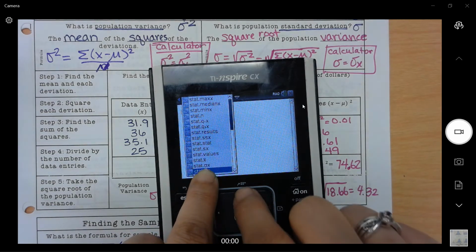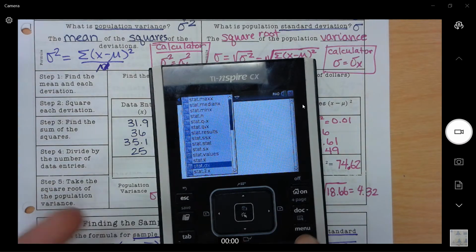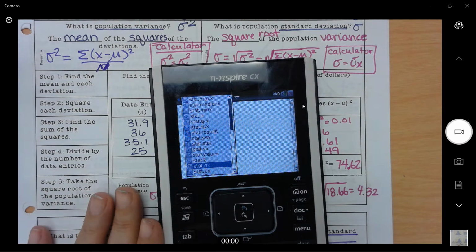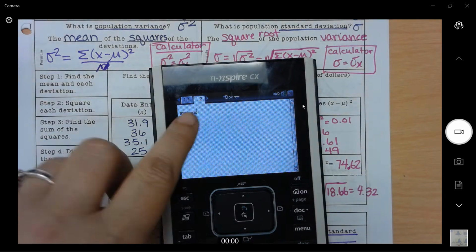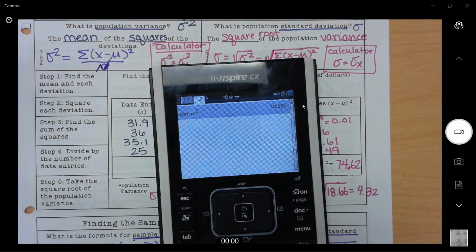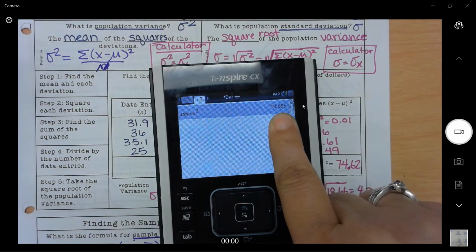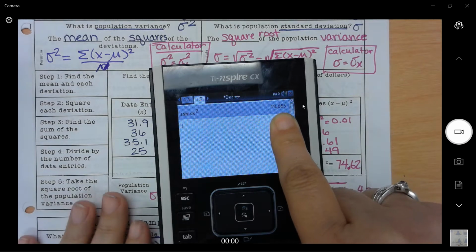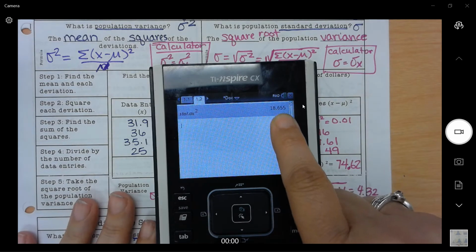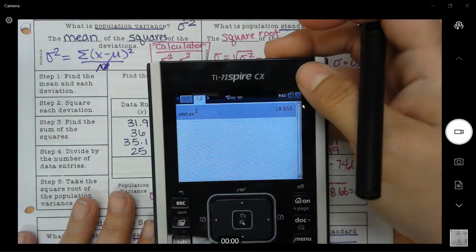You can use the same activity if we're trying to use the x bar or the max and the min. So there's lots of great things that we can use this little var button for. So we say, I need my standard deviation, and then you push the square button to square it, and that will give you your variance. Variance and standard deviation should always be written to at least 3 decimal places, unless it cannot be written that way because there weren't 3 decimal places to go off of.